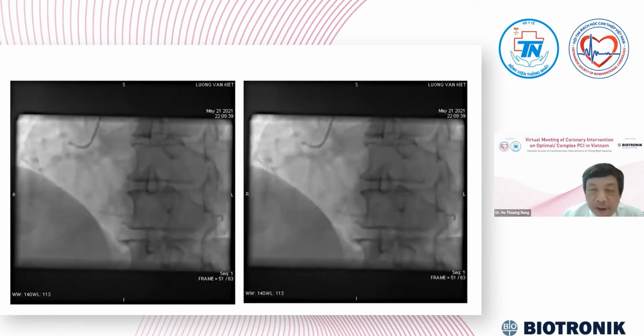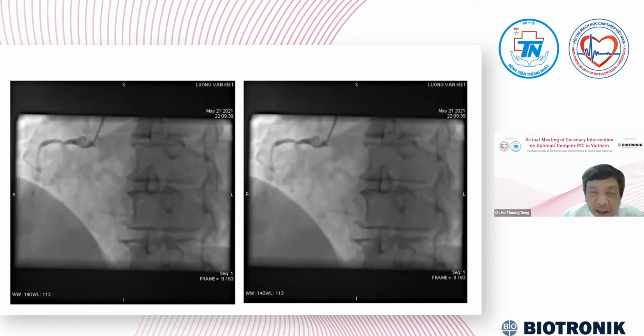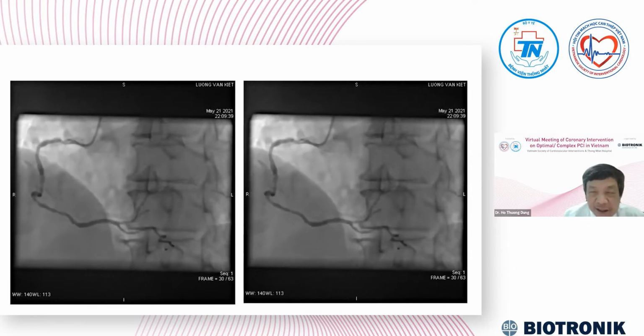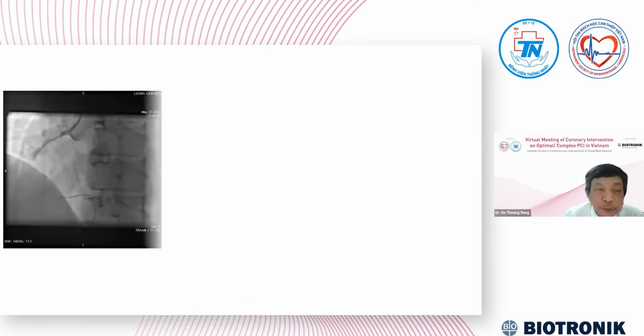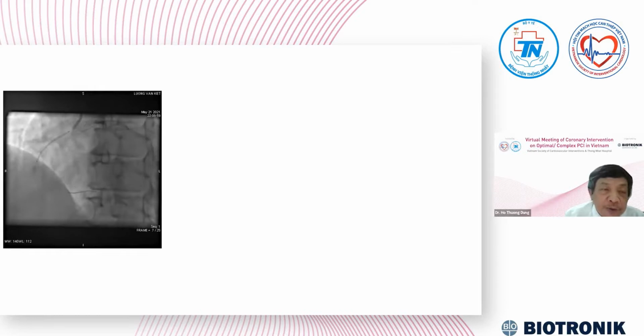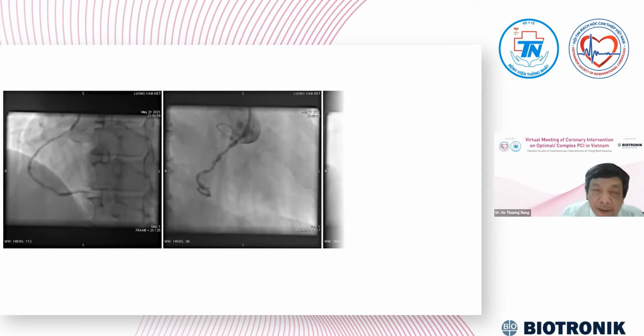So the doctor, our colleague in the province, made the decision on stenting to the left, the right. But because it's very tortuous and very calcified, they stented the proximal part of the mid RCA.